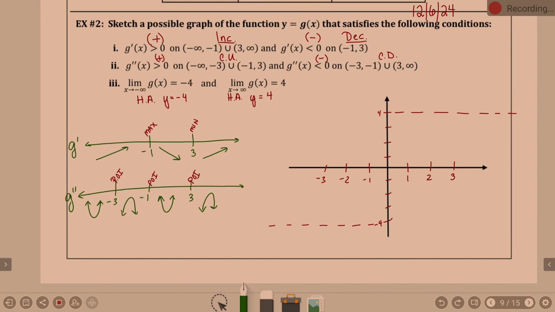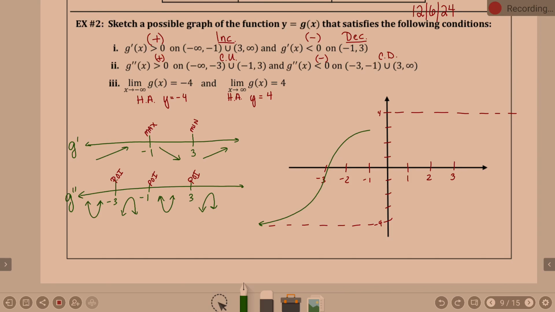Here's what I'm aiming for. I'm running along my horizontal asymptote, yes?